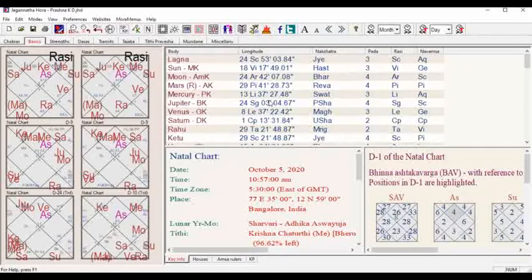Now let's see. As per the rule of Prashna, let's check the first house condition. So if you notice, ascendant Lord Mars is in Pisces sign, in the house of romance. Correct. Pisces sign represents the 12th house.